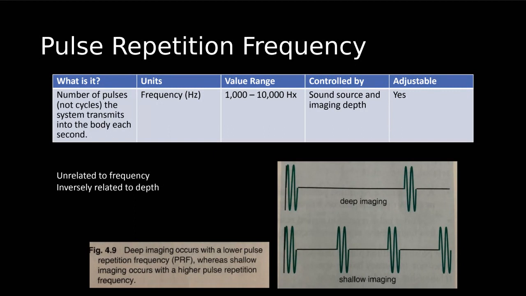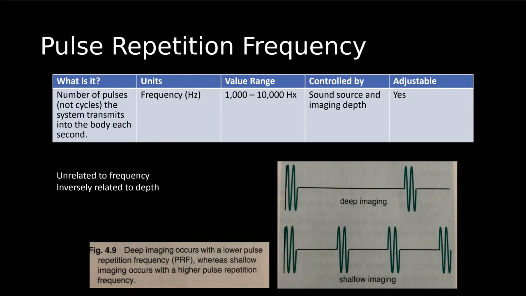So we are going to see with deeper imaging, we have a lower PRF. With shallow imaging, we have a higher PRF. So this means that when we decrease our depth for shallow imaging, we are increasing the number of pulses that we're sending in that 1 second. So we are increasing our PRF.